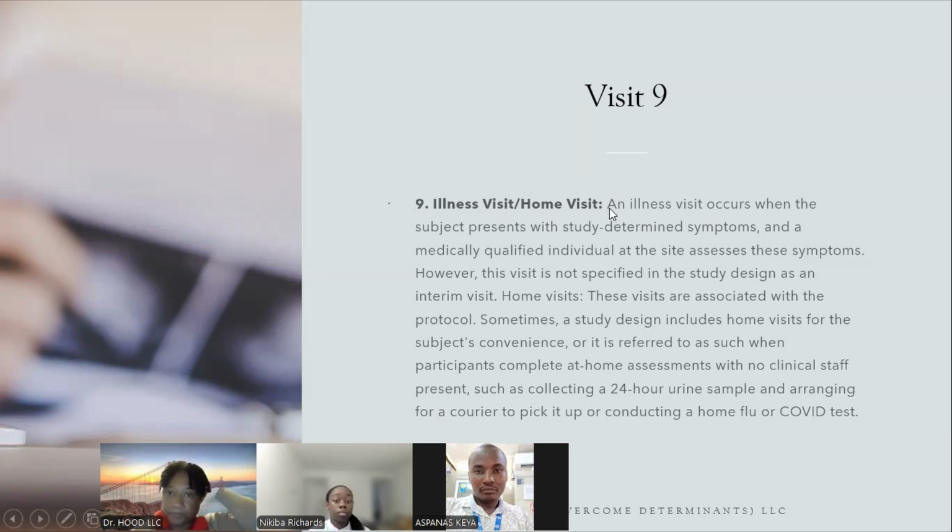Home visit, it's self-explanatory. There are some studies that are set up where the patient can do home visits versus having to come in. A lot of times, these are set for people who have rare conditions. If you have a rare condition, you don't have a readily available clinical site to see you.